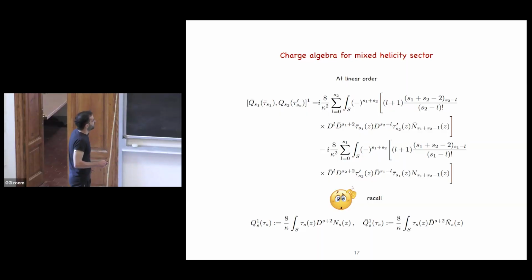The reason you are in trouble is that since this object contains both d and d bar, you get combinations of powers of d and d bar, but not enough of either d or d bar to reconstruct this total derivative here. In each case, you have only s plus 2 d derivatives here, and the others are d bar. So you're not able to reconstruct the linear charge. This is really the obstruction to closing this bracket.